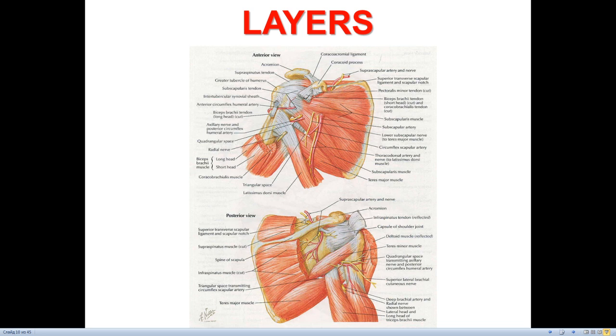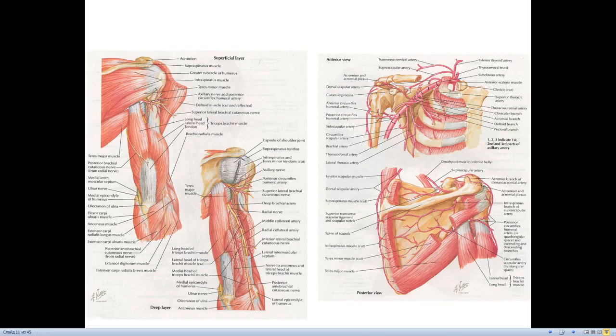Here are present triangles: clavipectoral, pectoral and subpectoral triangles. We will talk about it now. The trigonum clavipectorale contains the main or dominant vessel nerve bundle.